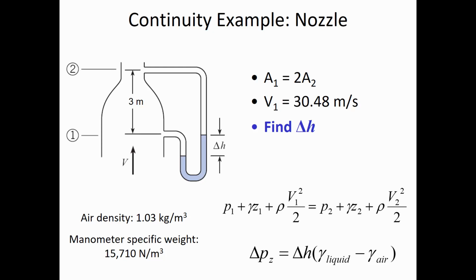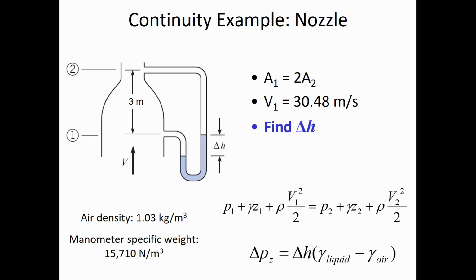So what is the delta P sub z, the change of piezometric pressure? What we're saying is that P1 plus gamma Z1 minus P2 plus gamma Z2 is equal to delta H times the difference in the unit weights of the liquid.